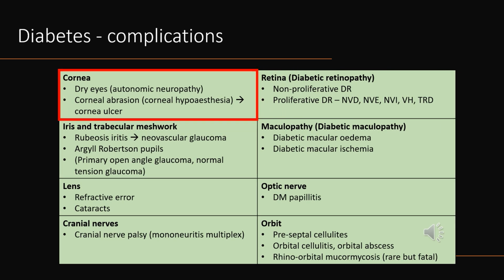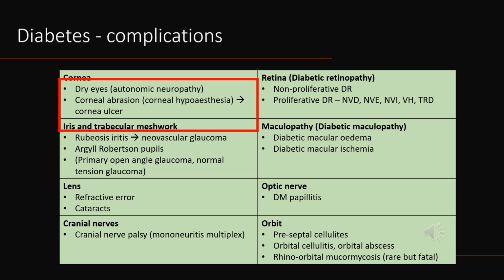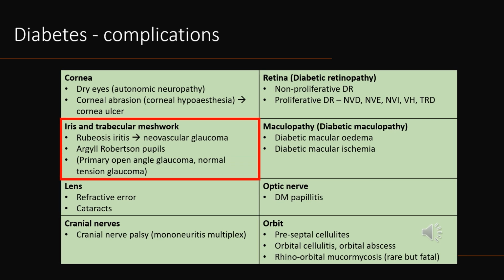For the cornea, it can lead to dry eye disease because of autonomic neuropathy. The loss of corneal sensation can also lead to corneal abrasion, which can be complicated by infection and corneal ulcer. For the iris and trabecular meshwork, neovascularization can occur, leading to rubeotic iritis.